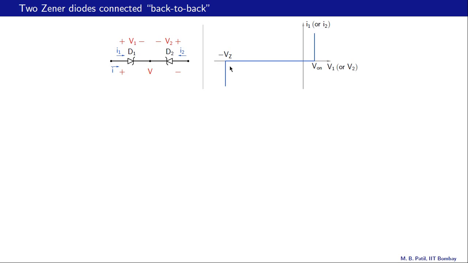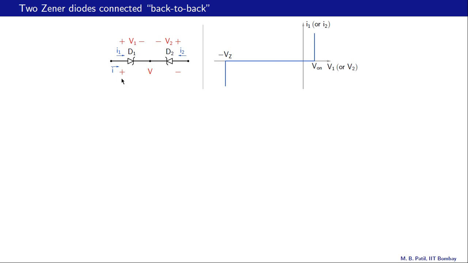And we will assume this breakdown to be sharp, and that this resistance, when the diode does conduct in the reverse direction, is again 0. So 0 resistance, infinite resistance, and 0 resistance again.